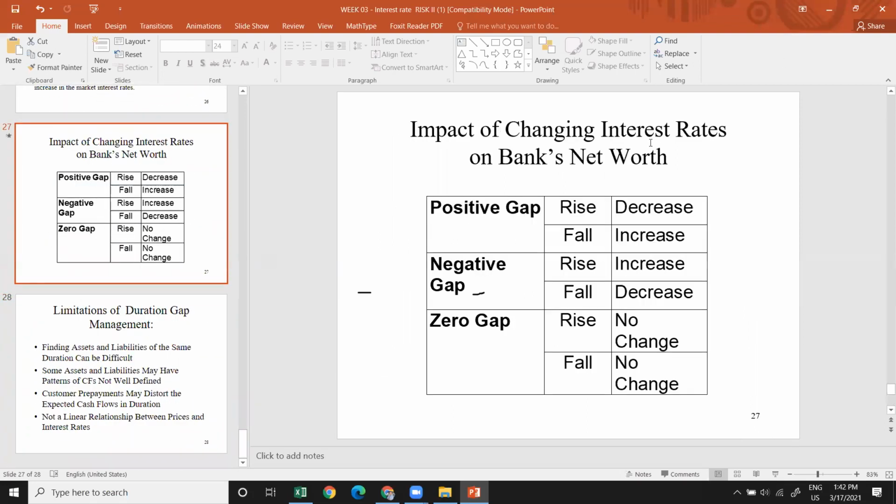And here's the impact of a change in interest rate, giving you how it will affect the bank's net worth.